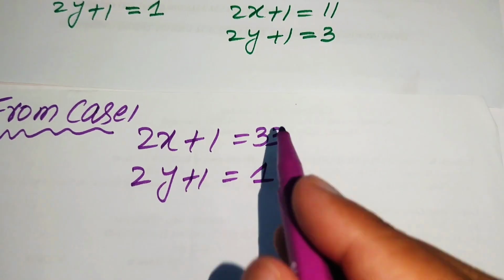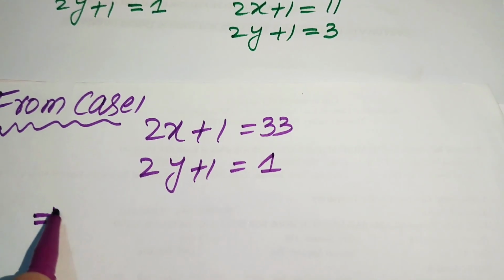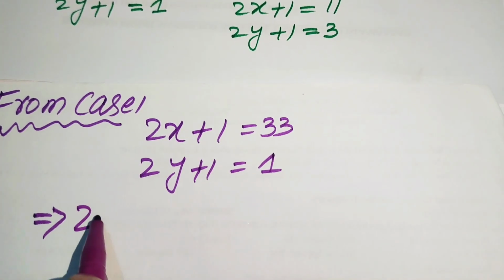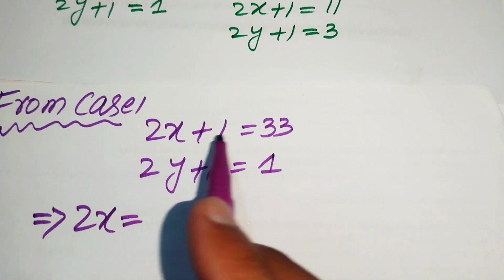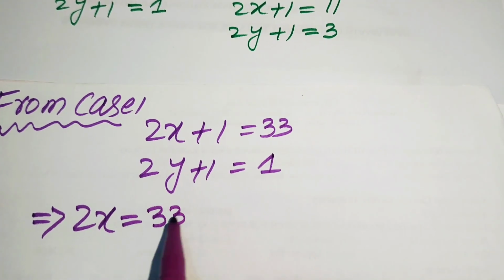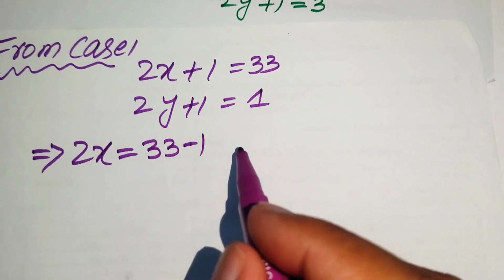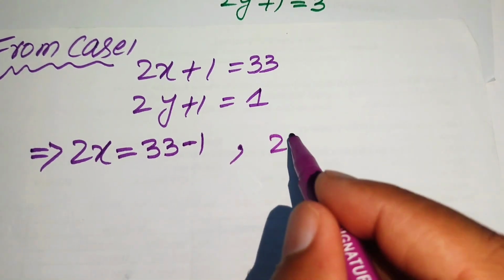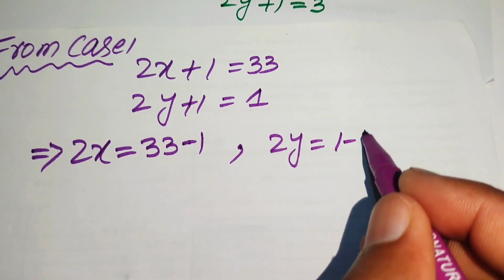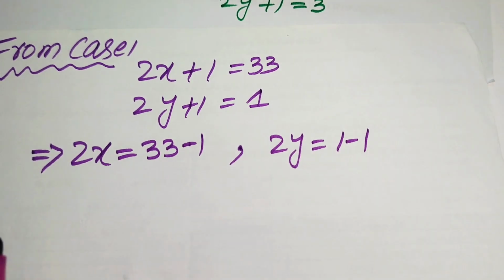From the first equation we have 2x equals, we move this plus 1 to the right hand side, and it becomes 33 minus 1. In the second equation we have 2y equals 1 minus 1, moving this plus 1 to the right hand side.